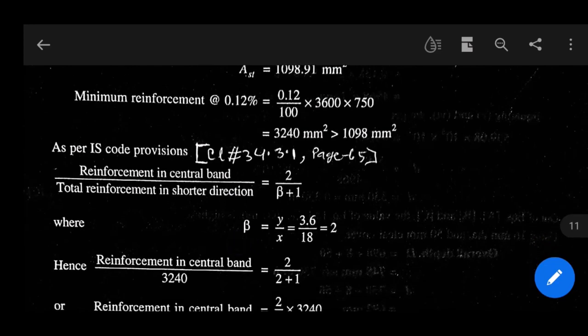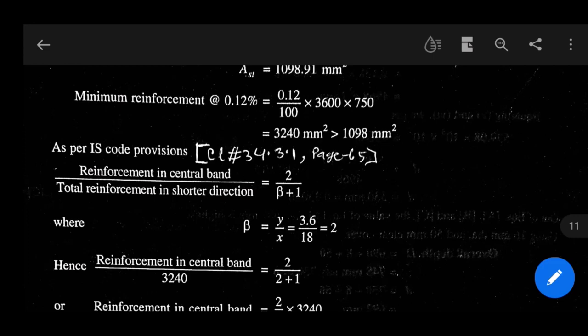reinforcement in central band by total reinforcement in shorter direction is equal to 2 by beta plus 1, where beta is equal to y by x, that is equal to 3.6 by 1.8 equals 2.